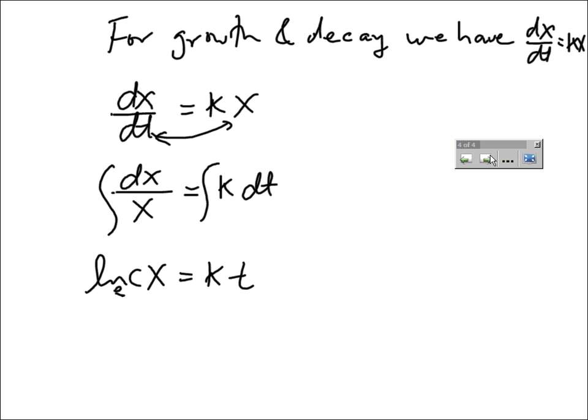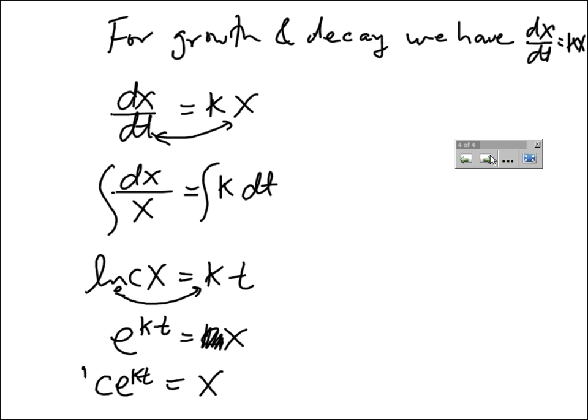So that understood e down there gives us e to the kt is cx. Dividing the right side by c, I just get x. Dividing the left side by c, or multiplying by c, I get this.